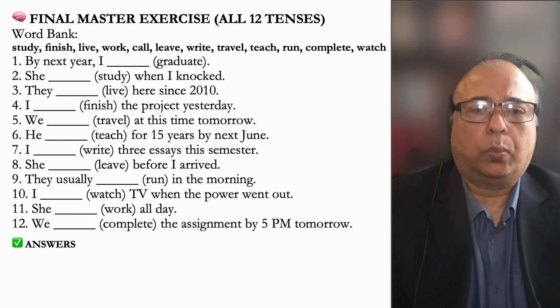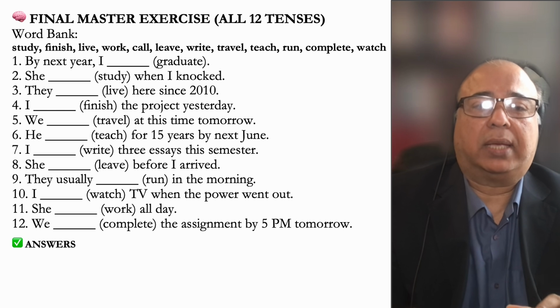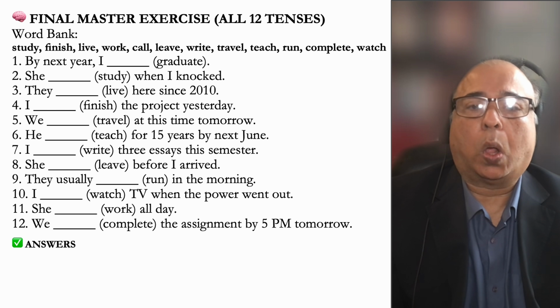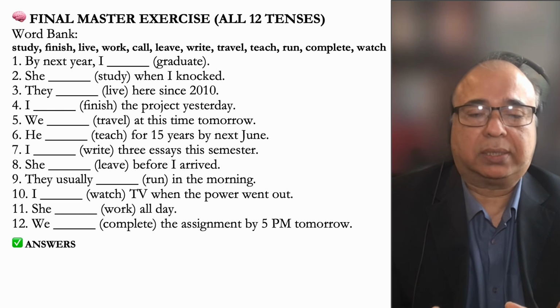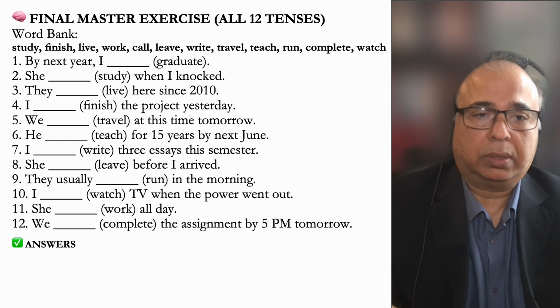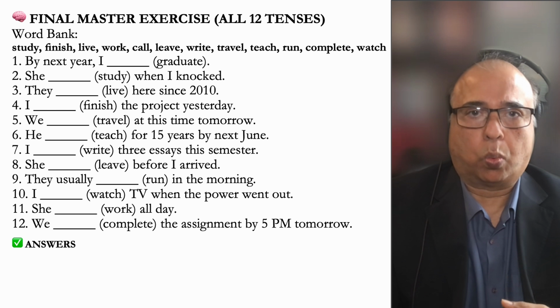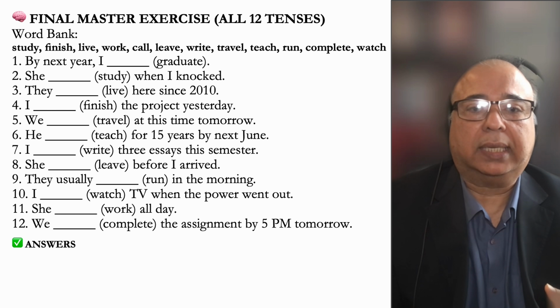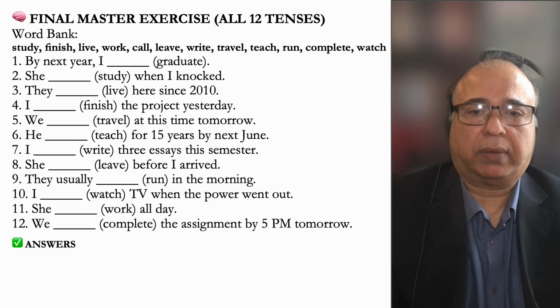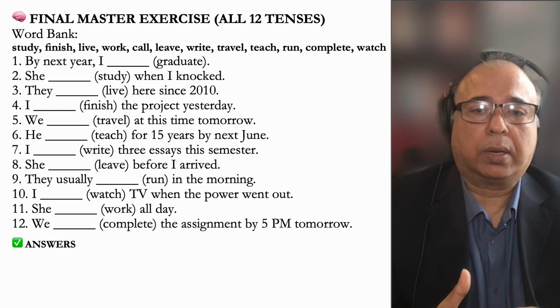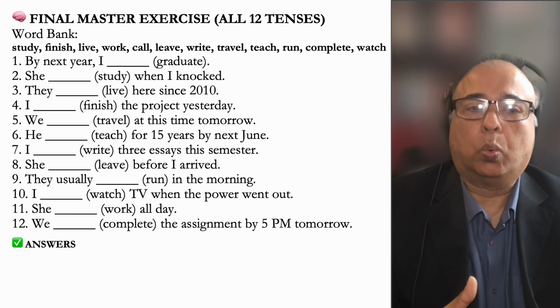Now, one last time. This is your final master exercise. They're all 12 tenses. They're all mixed up. Okay? Scrambled. I have given you a word bank for your ease. Study, finish, live, work, call, leave, write, travel, teach, run, complete, watch.